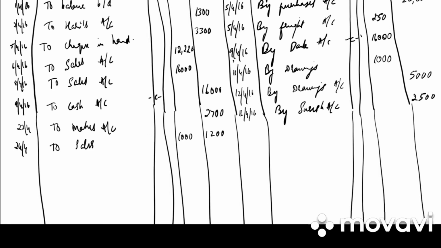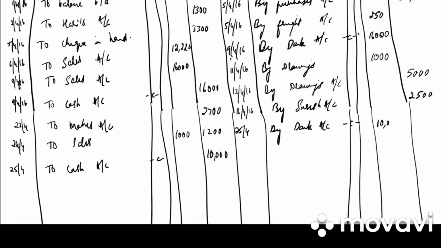Then we have paid into bank. It will be a contra entry. To cash account, it is a contra entry. In bank column we will be writing 10,000. And again on 25th we have by bank account in contra entry 10,000.